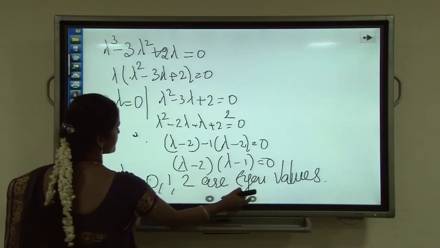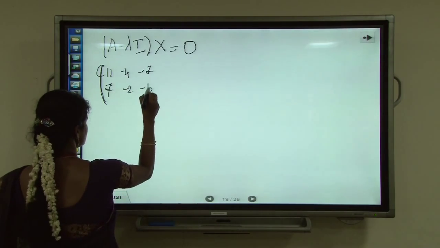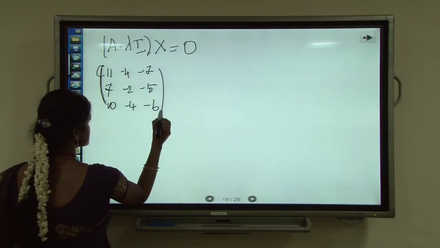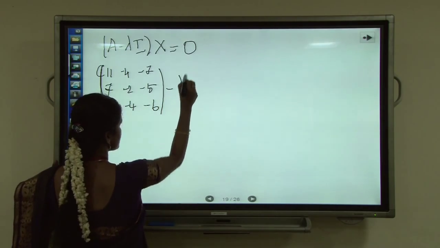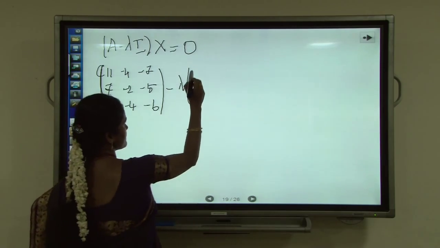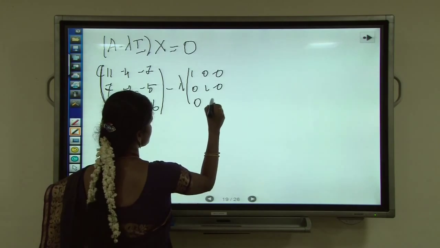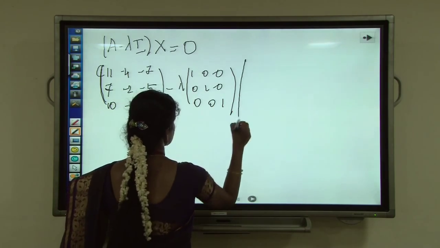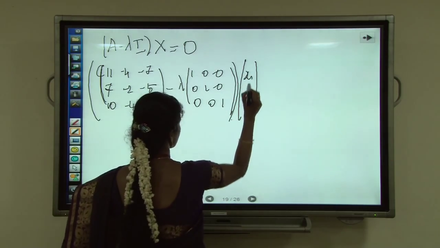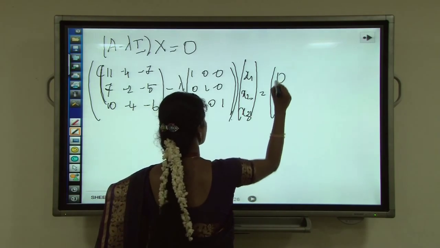Minus lambda times of identity matrix. Identity matrix should also be a 3 cross 3 matrix. So let us take identity matrix of this kind: 0 1 0 0 0 1 of x. So this as a whole of x is x1, x2, x3 is equal to 0 0 0.